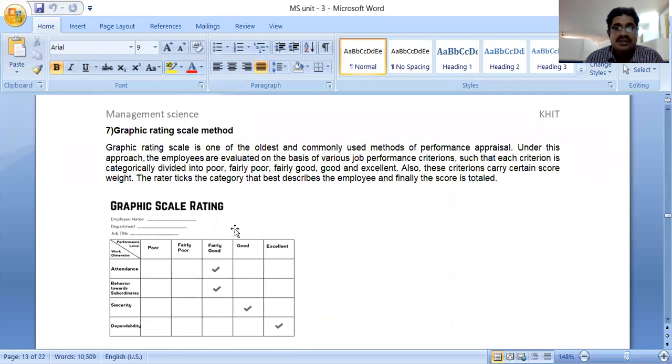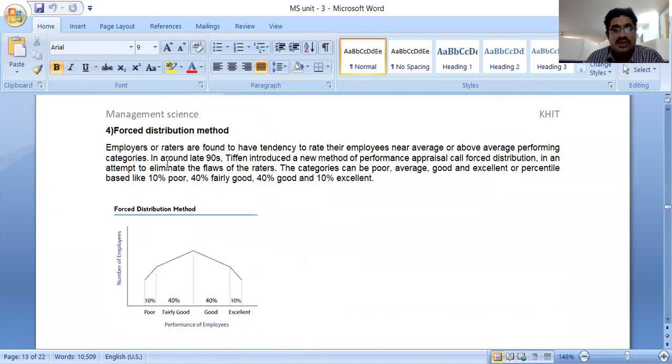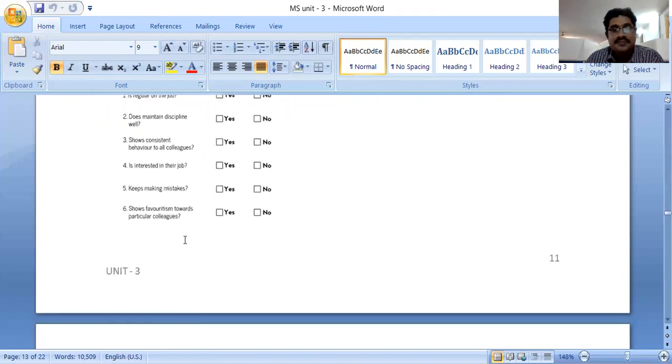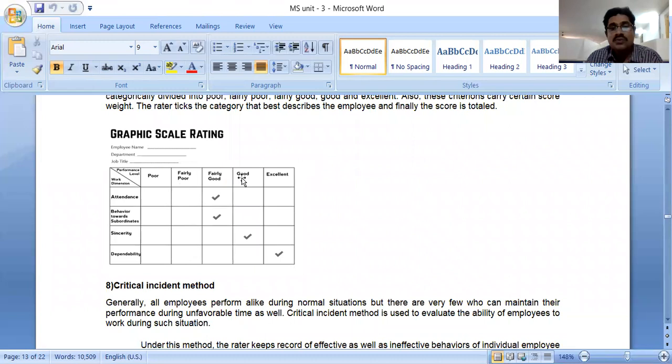And coming to the next thing, the graphic rating scale method. It is quite related to the forced distribution and grading method. Here we divide into 5 categories: poor, fairly poor, fairly good, good, and excellent.